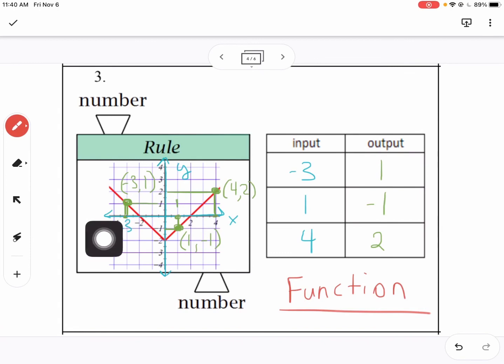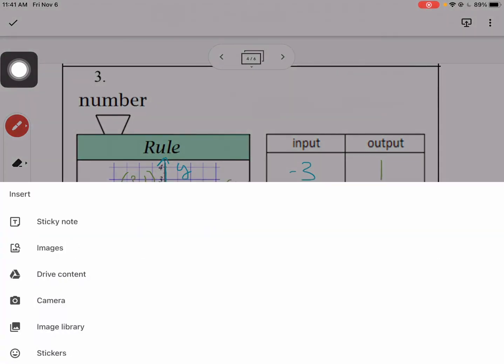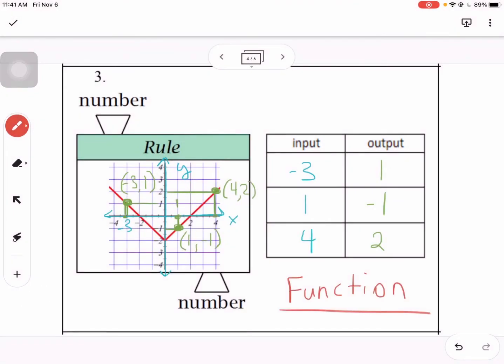Because I can see for any input I put into this function, I'm only going to hit my graph 1 time. This is also called the vertical line test, which I can talk about later. Basically, if I ever draw a vertical line up and down, and it only hits this function at 1 spot, that tells me that every input is going to have exactly 1 output.